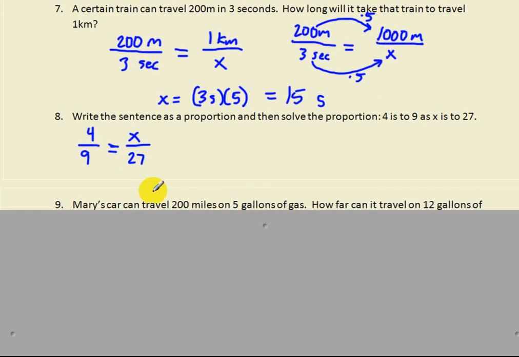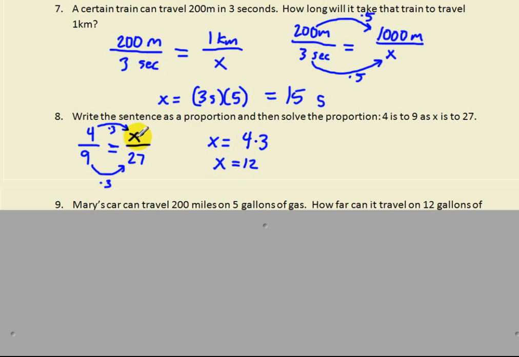We're trying to work from our first ratio to our second. So going from 9 to 27, we multiply by 3. That means going from 4 to x, we also multiply by 3. So x is going to be equal to 4 times 3, or in other words, x is equal to 12.